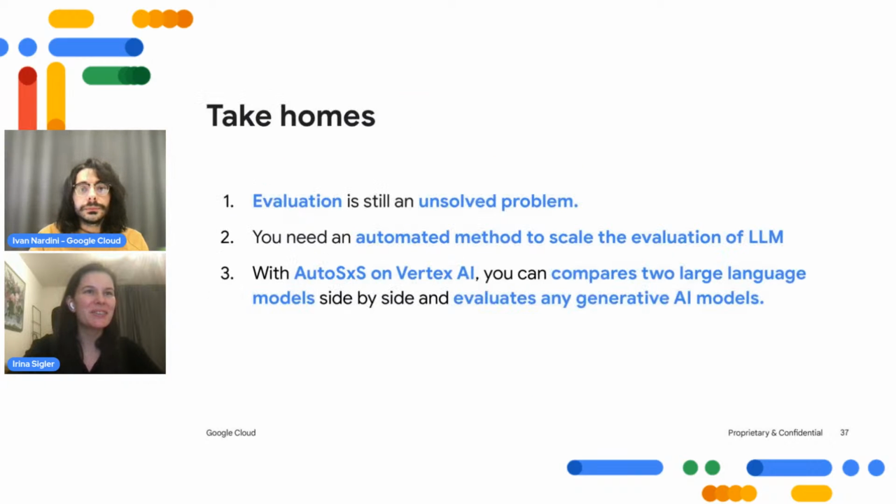All right, take-homes before we start Q&A. So, as I mentioned in the beginning, there are a number of challenges in Gen AI evaluation, and it remains an unresolved problem. So we hope we gave you some pointers on how to start tackling this issue. Second, we need an automated method to scale evaluation of LLMs.